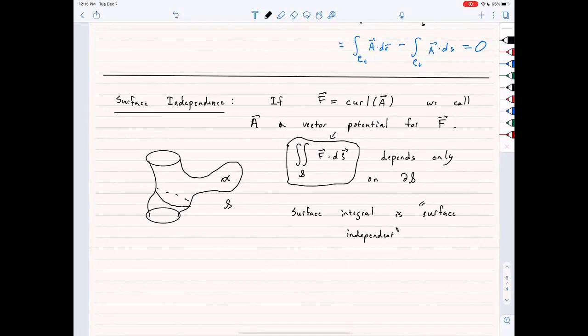It should evoke memories of when we talked about the conservative line integral theorem and path independence. In that case, we said, suppose you have this type of integral. We said this was path independent.